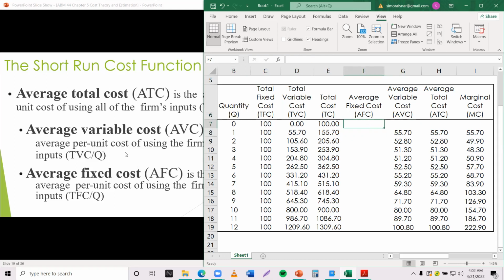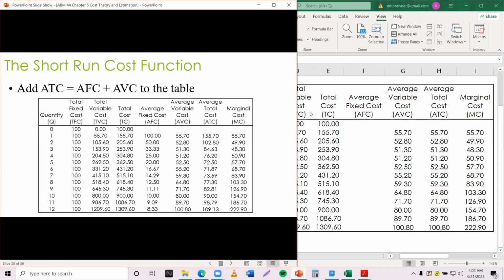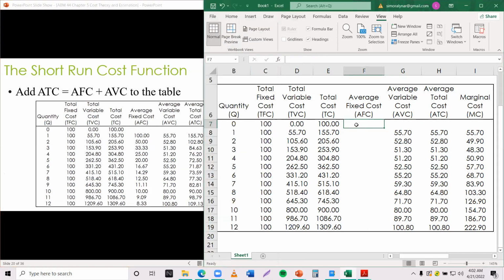So I'll be using again the Excel para mas klaro or mas dali siya. Hopefully makafollow lang mo. So I'll just put it here for mas obvious so you can see. So that would be again TFC divide quantity. So this would be actually 0.